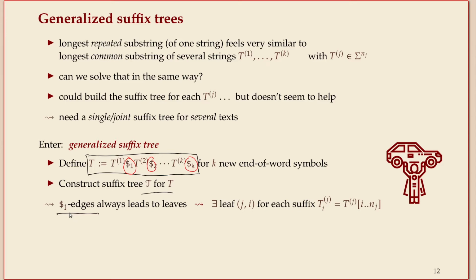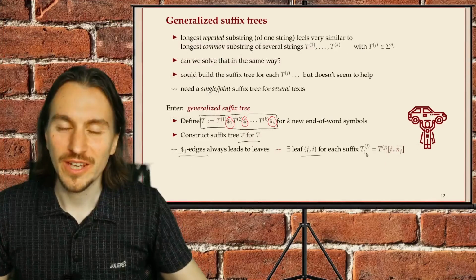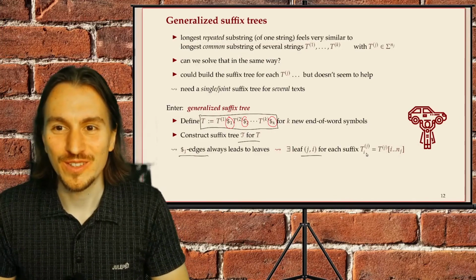There's no way any other suffix can share this. So we essentially have a leaf for every text tj and every starting position in the text tj. And that's the generalized suffix tree.